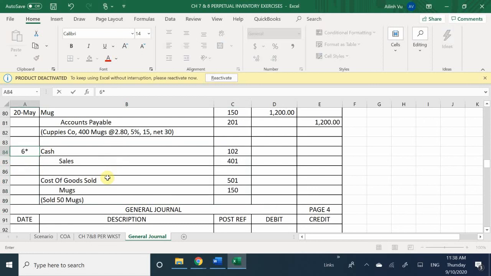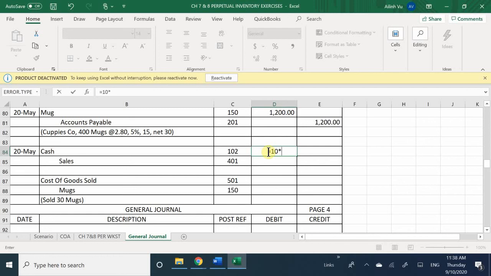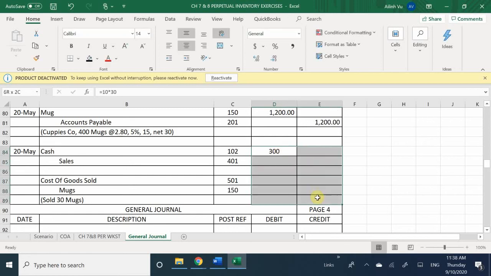So for the same day, May 20th. So we sold our mugs for $10 each and we sold 30 of them. So your answer should be 300 here. Good.